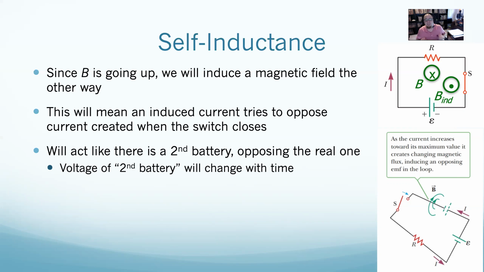But that's only there when things are changing. That means if the current stabilizes and the magnetic field doesn't change anymore, you no longer induce an EMF.